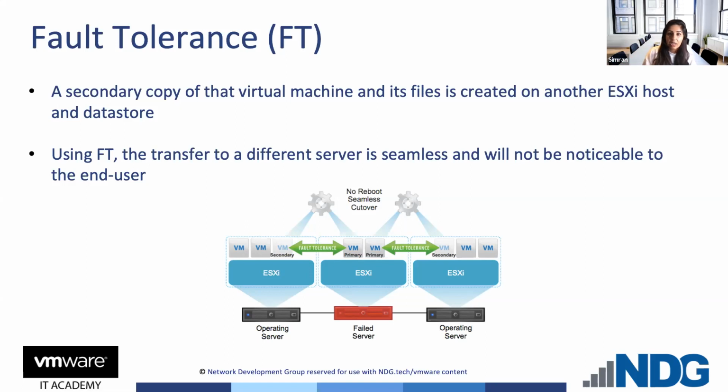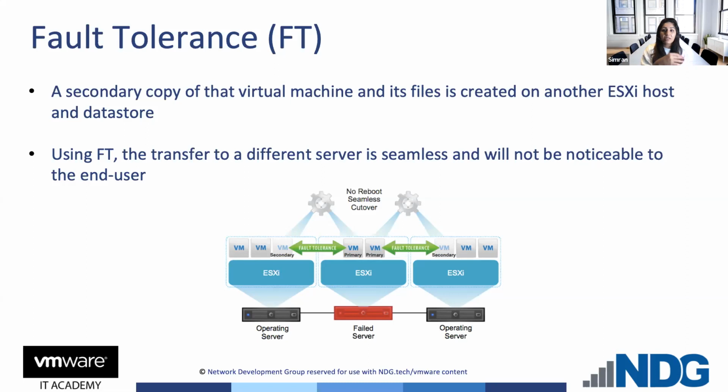So it quickly understands that there's been a failover, that there's been a server that has completely failed. So it would trigger the failover and restart those virtual machines on separate servers. And a point to note here is, after the failover has happened, vSphere then automatically creates a secondary virtual machine once again, which is a shadow of the original one, because the original has died, so it creates a new shadow image, which starts up.